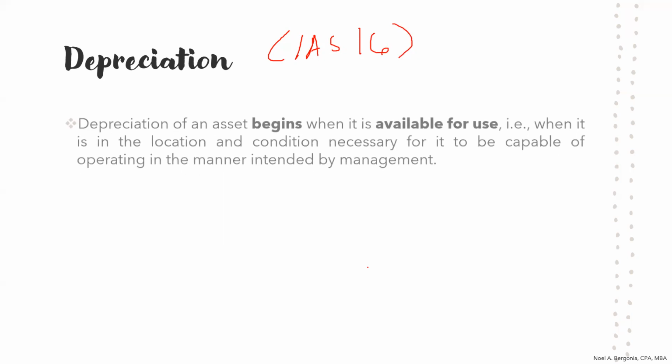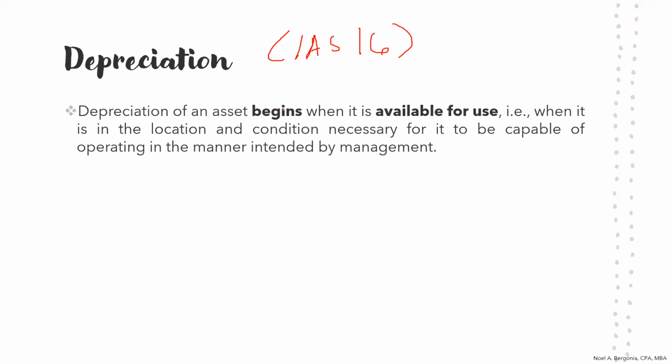So our depreciation will begin or start when it is available for use. Okay? So hindi porket binili natin siya, automatically it will start the depreciation already. Take note that it will only begin the depreciation once it is available for use.